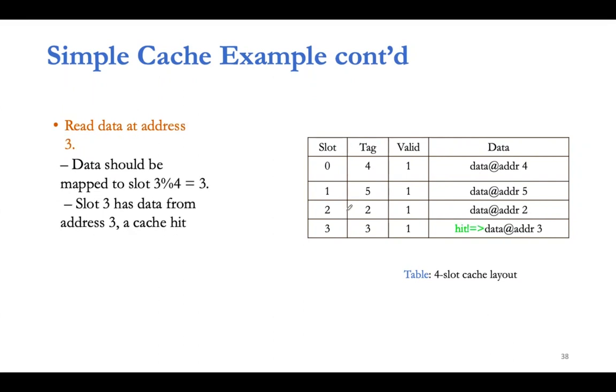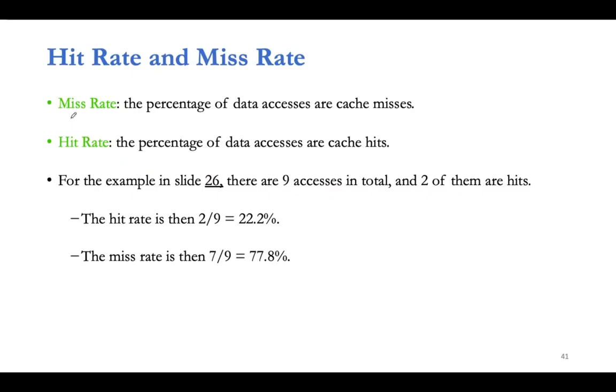Okay. So from this, we have seen the cache performance equation: the miss rate and hit rate. The miss rate is the percentage of data accesses that are cache misses, and the hit rate is the percentage of data accesses that are cache hits. In our example, in slide 28, where we started, there are 9 accesses: address 0, 1, 2, 3, 4, 5, 2, 3, and 7.